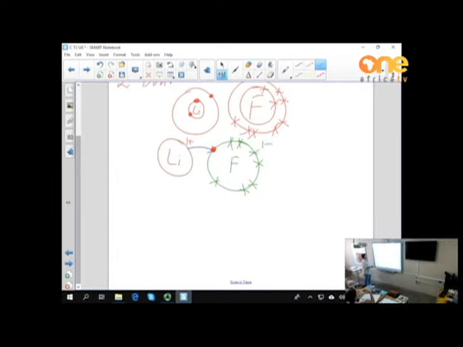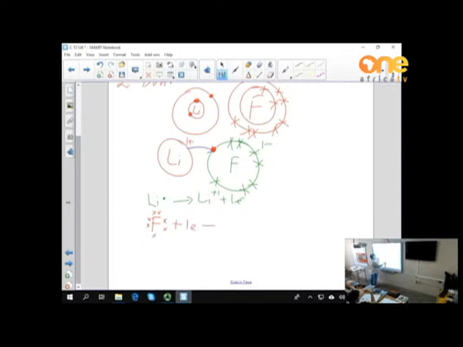We can write the equation of what happens. Lithium has 1 outer shell electron and it forms a lithium ion plus 1 electron. Fluorine has 1, 2, 3, 4, 5, 6, 7 electrons.